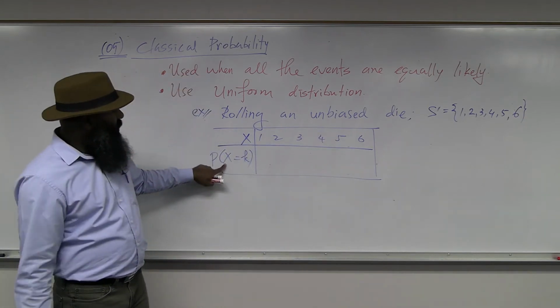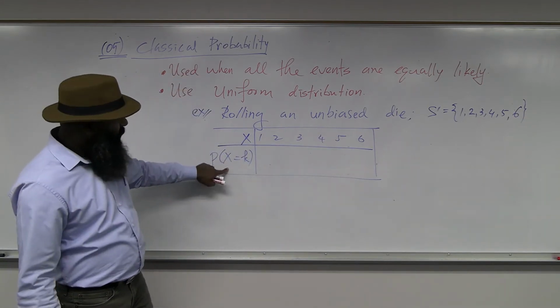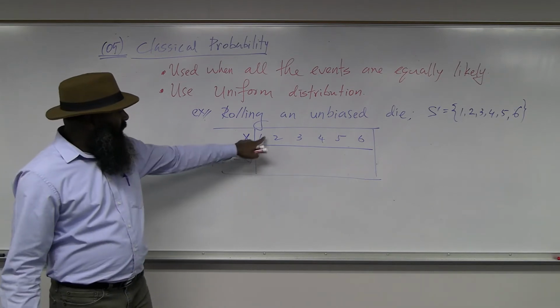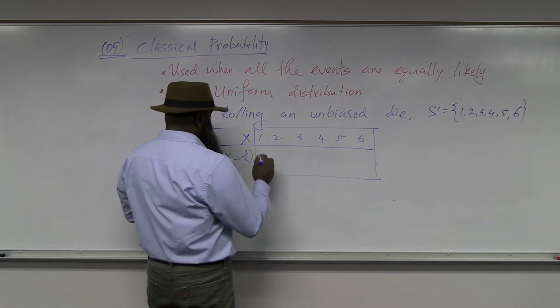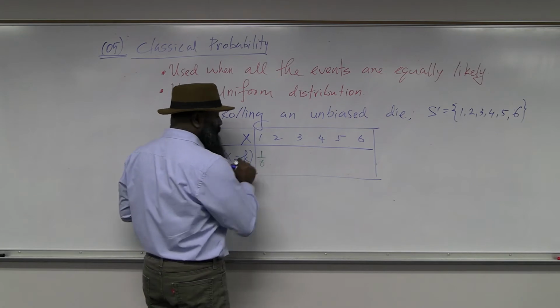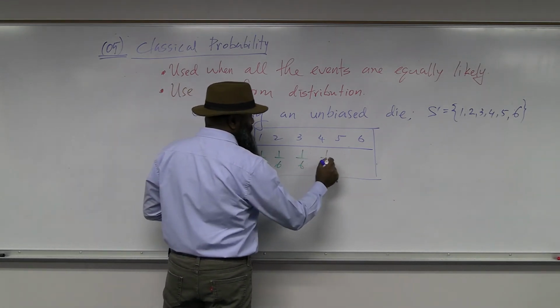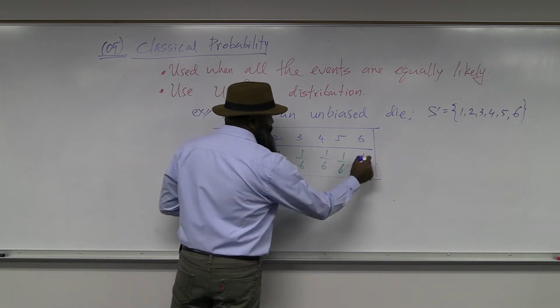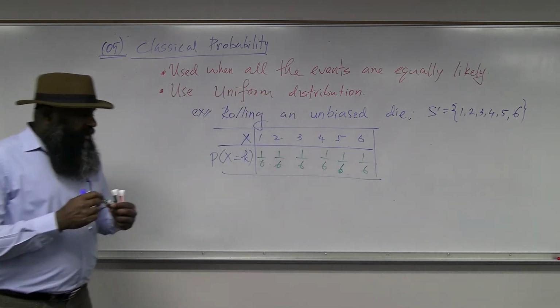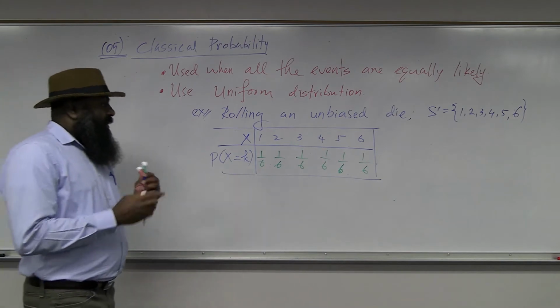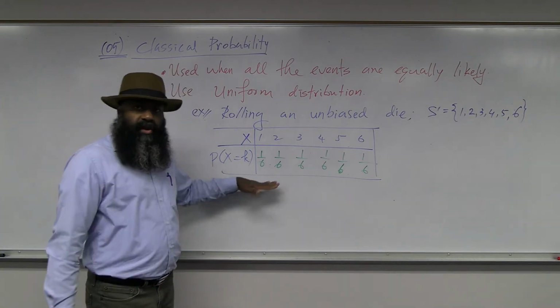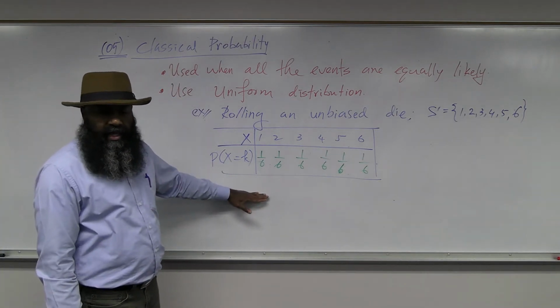In general, I will label this row as probability x equals k. So when k is equal to 1, I have 1/6 as the probability. When k is equal to 2, I have 1/6 as the probability. 1/6 again, 1/6 again, 1/6 again, and 1/6 again. Okay? So this is the discrete uniform distribution.